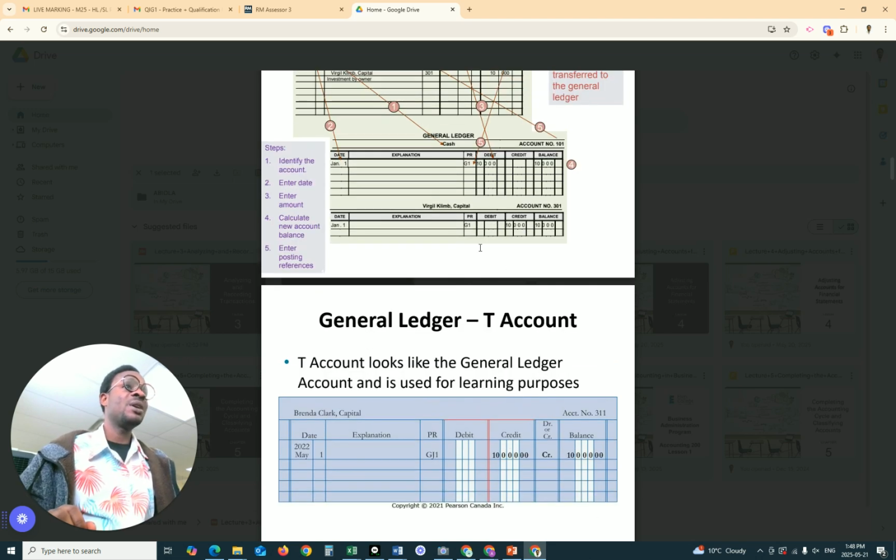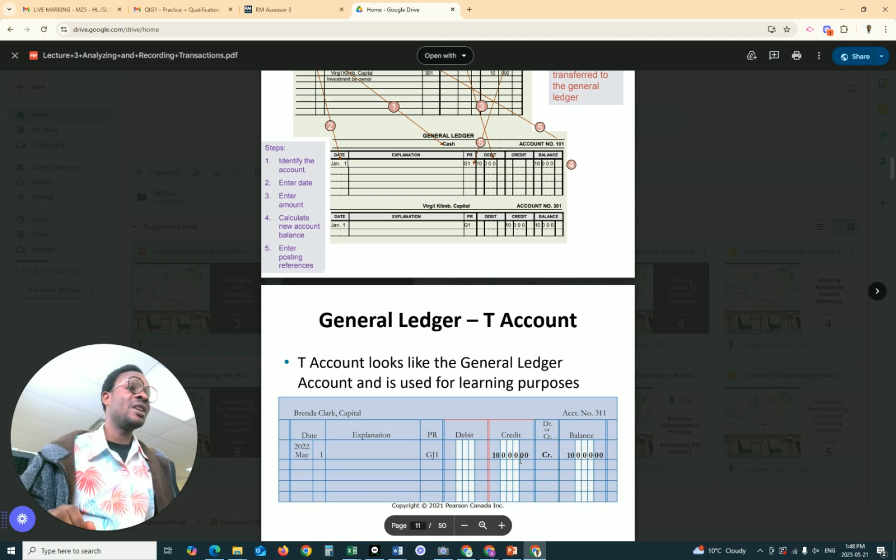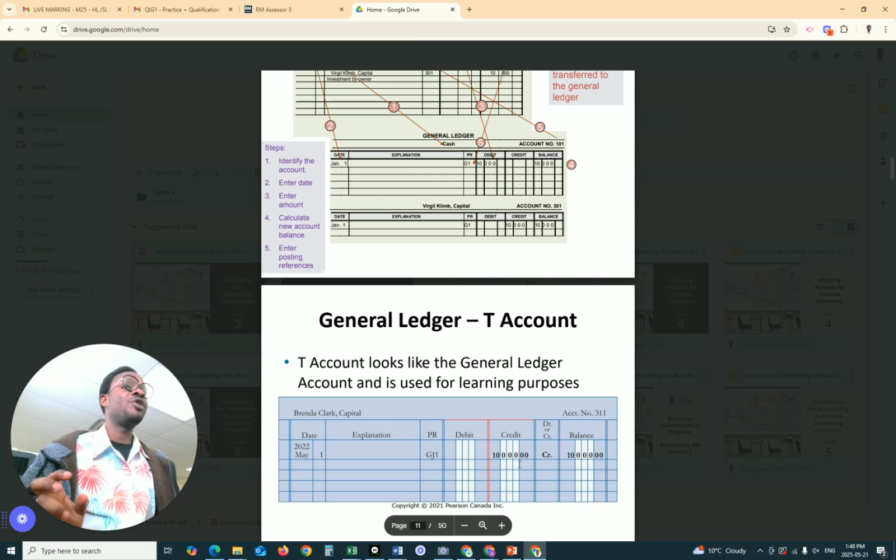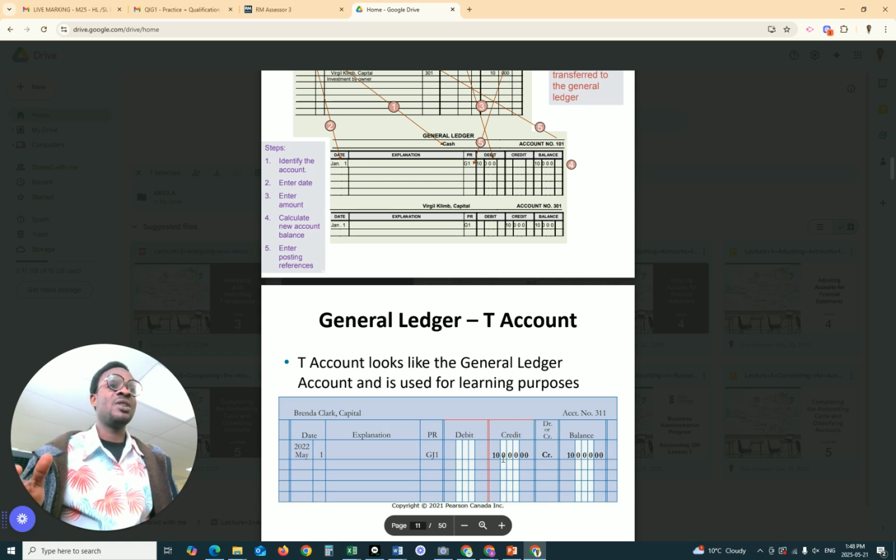So look at this capital account. It has the date, explanation, and debit amount. In that case, the capital account was credited, and we credit it here. The same thing would be done if it were the cash account that we are entering. Basically, this account will be called the cash account.